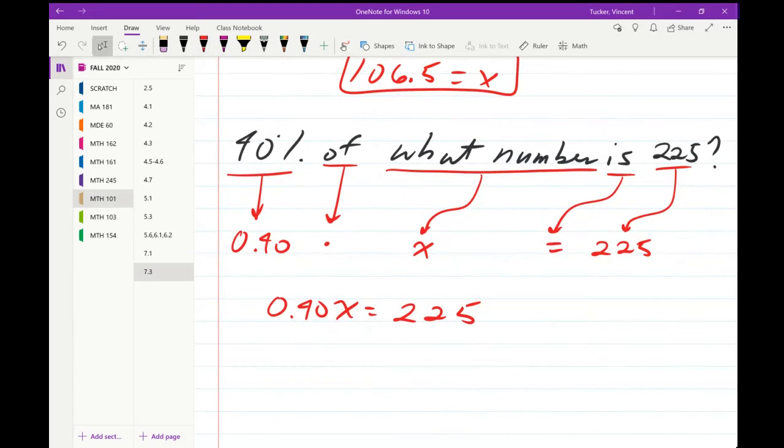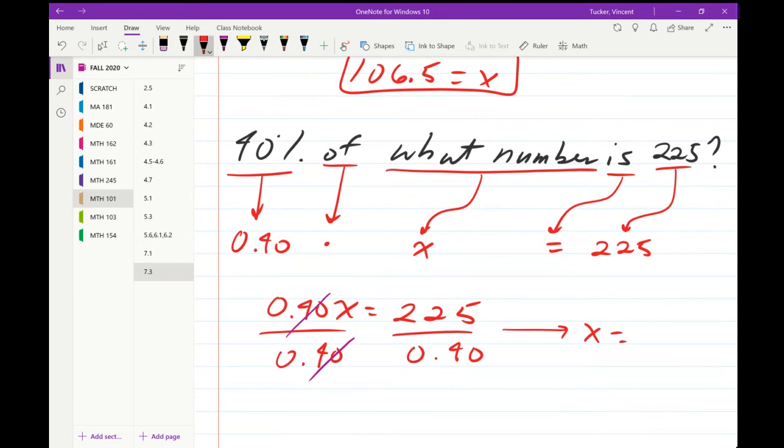Then divide by the 0.40. X is equal to 562.5. Any questions?